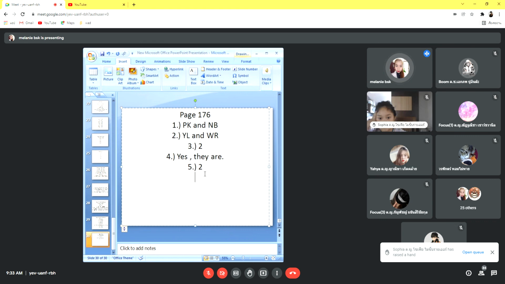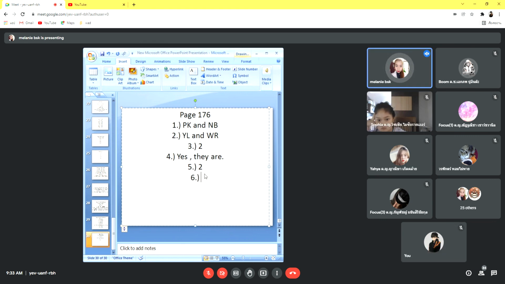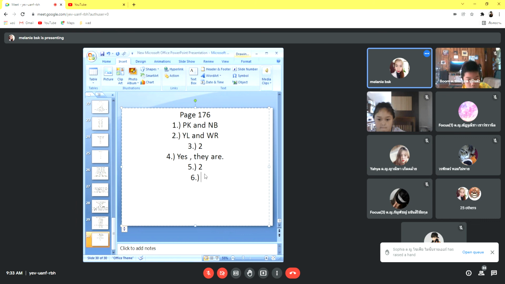Okay, how about number 6, children? Are the diagonals of a square equal in length? Yes or no? Sophia? Yes. Oh yes, they are.